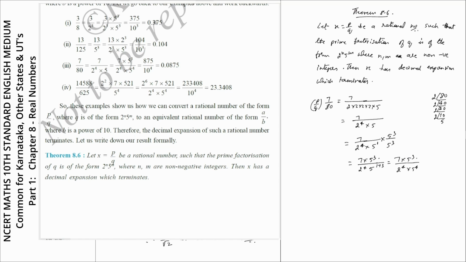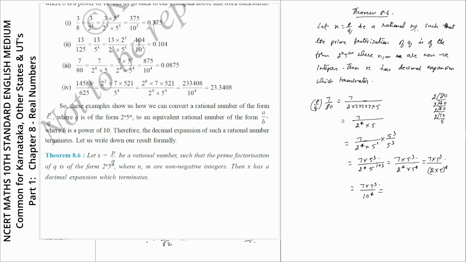Now in the denominator I can write 2 into 5 power of 4. So this is equal to 7 into 5 power of 3 divided by 10 power of 4, since 2 fives are 10 to the power of 4.